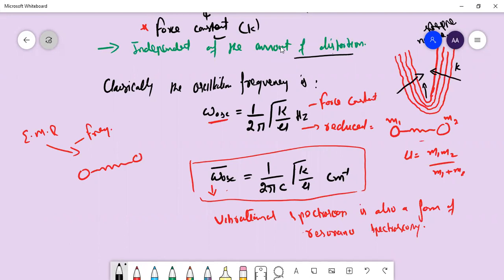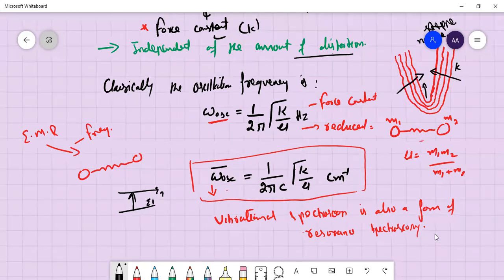Because until and unless the oscillating frequency resonates with the frequency of this electromagnetic radiation, there will be no absorption of energy, and the molecule will not undergo transition from one energy level to another energy level. That's why we can also call vibrational spectroscopy a form of resonance spectroscopy.